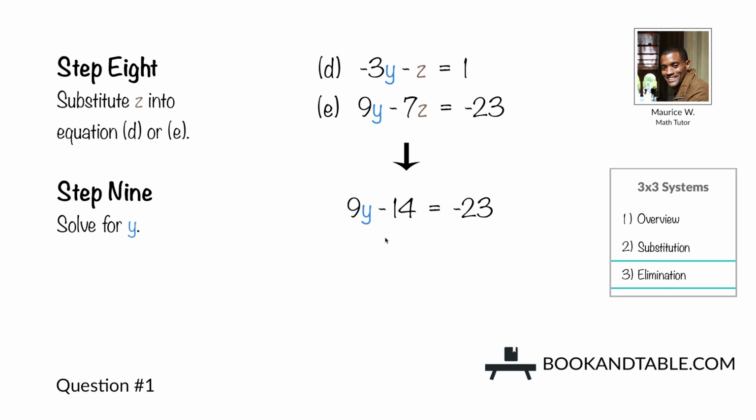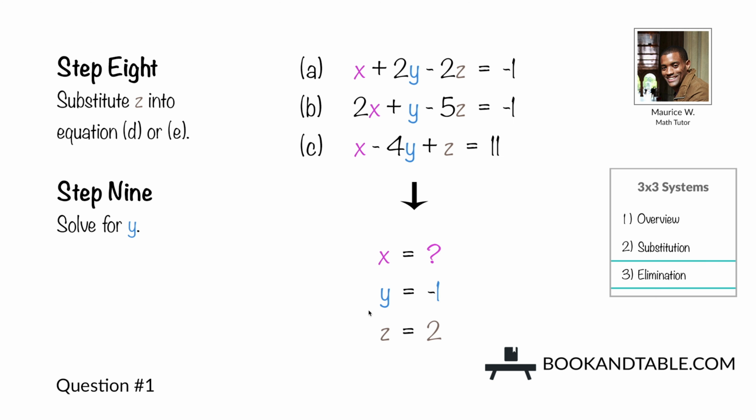So we'll add 14 to both sides, giving us 9y is equal to negative 23 plus 14, which is negative 9. And now we divide both sides by 9, showing us that y is equal to negative 9 divided by 9, which is negative 1. So now we've found that y is negative 1 and z is positive 2.